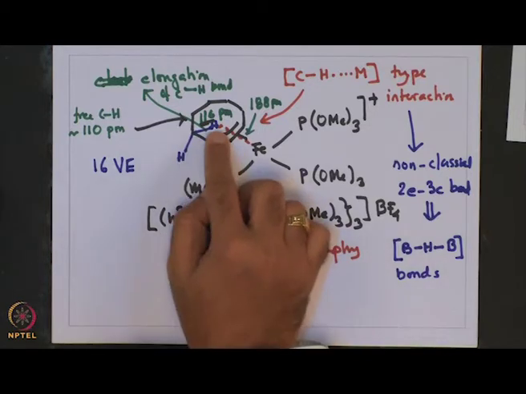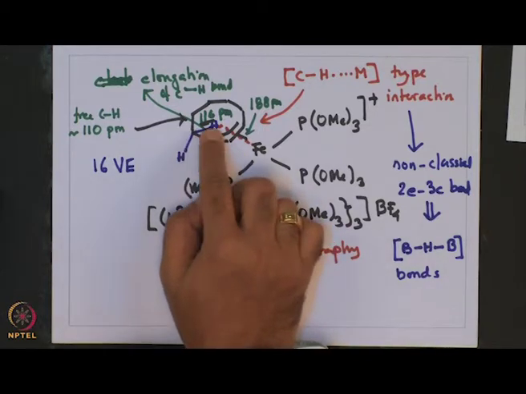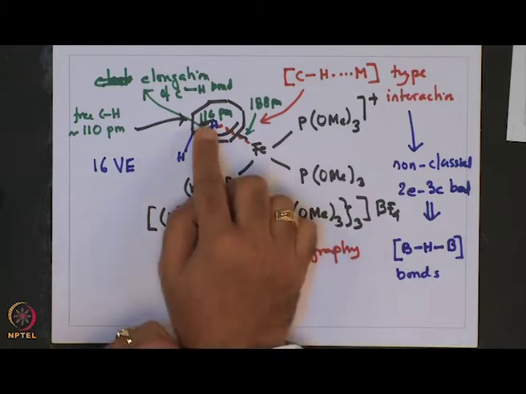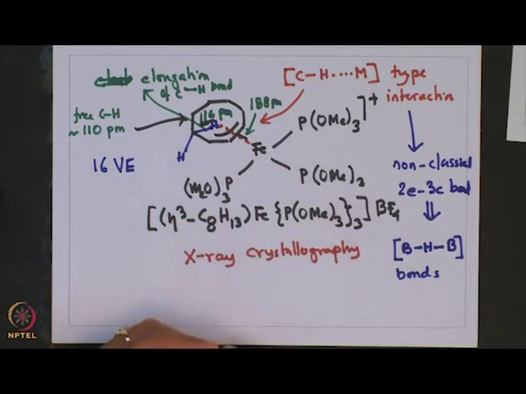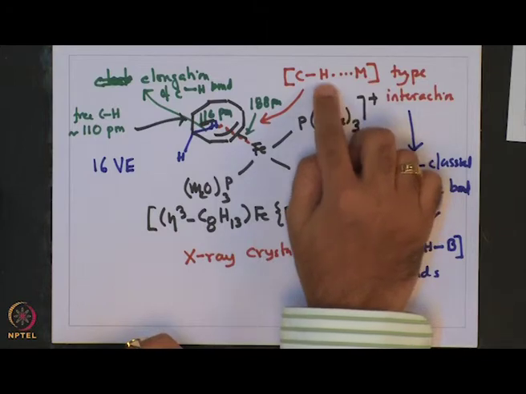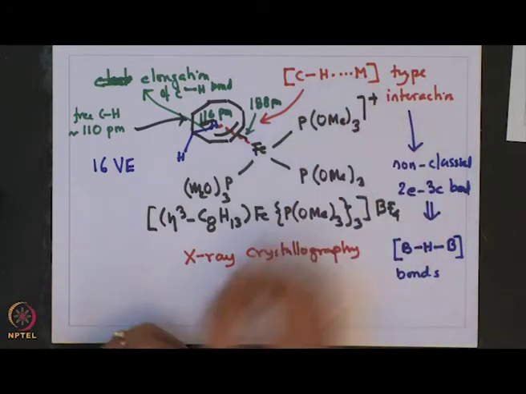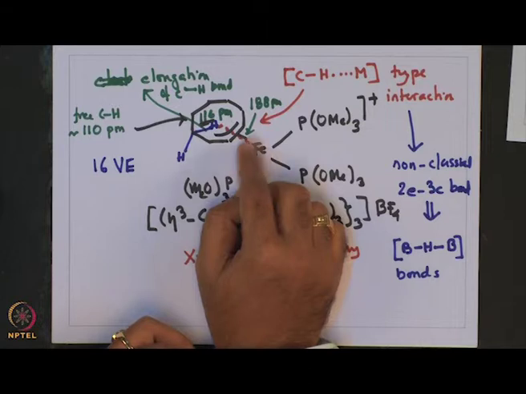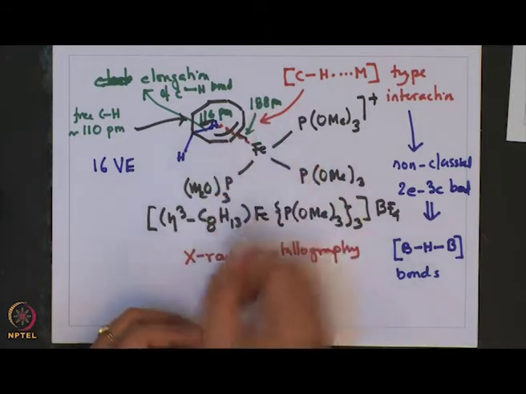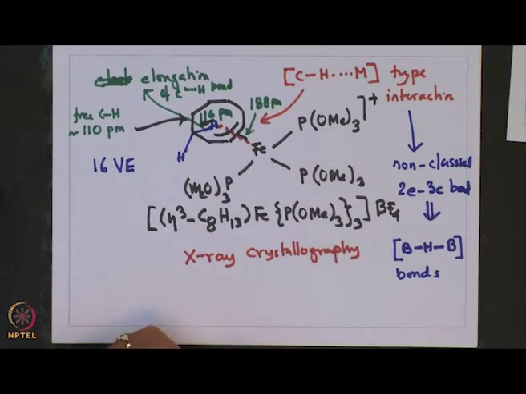Not only was there an increased CH bond length, the hydrogen is seen interacting with iron, designated by H dot M. This is a weak interaction and has a distance of about 188 picometer.